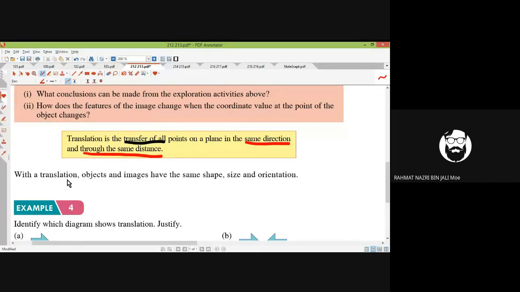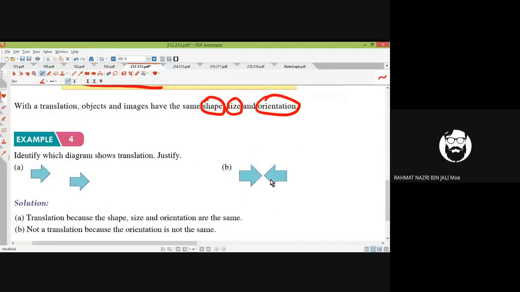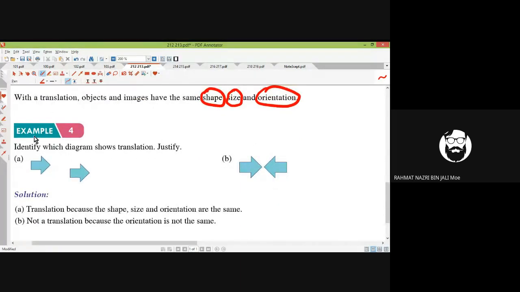If a translation object and image have the same shape, the same size, and the same orientation. Okay, let me discuss this one. Example 4.